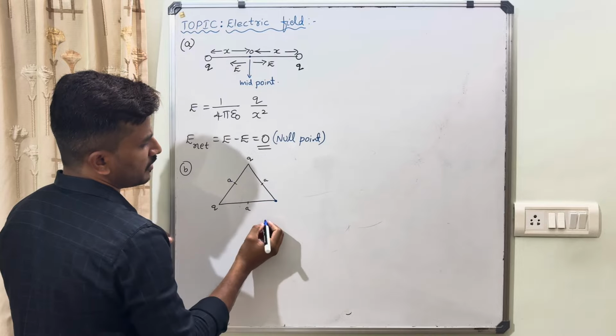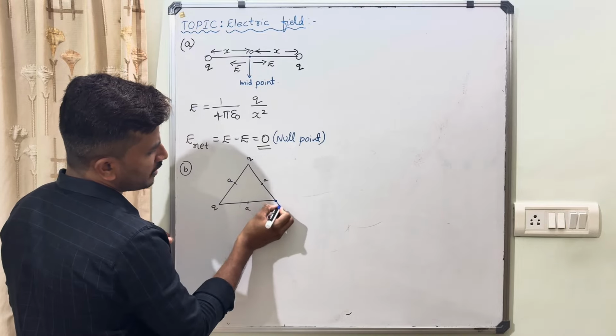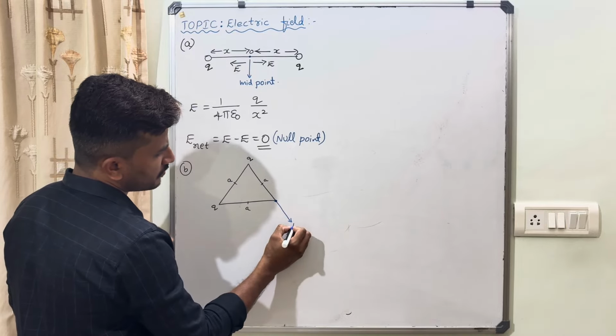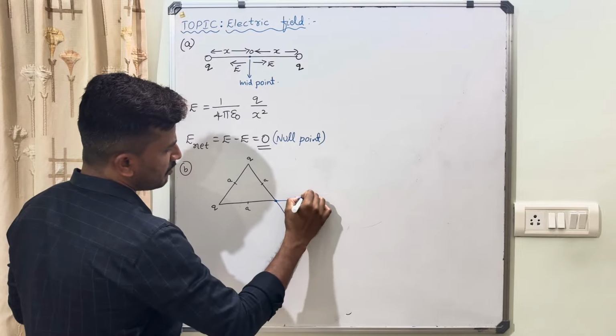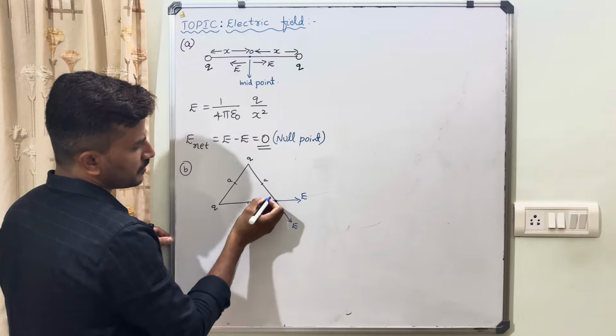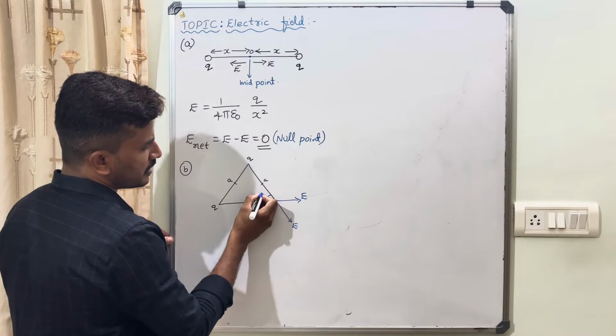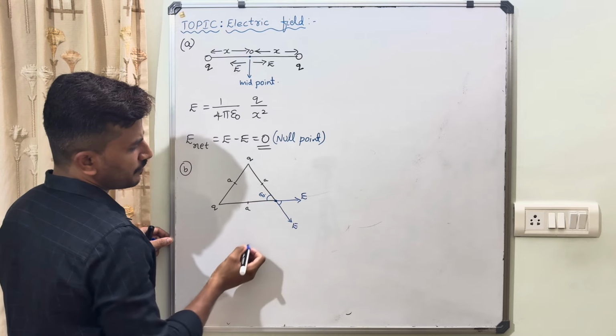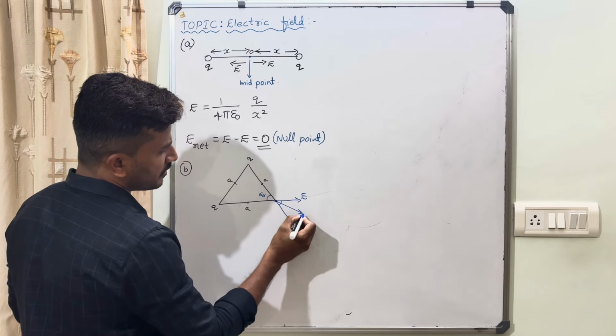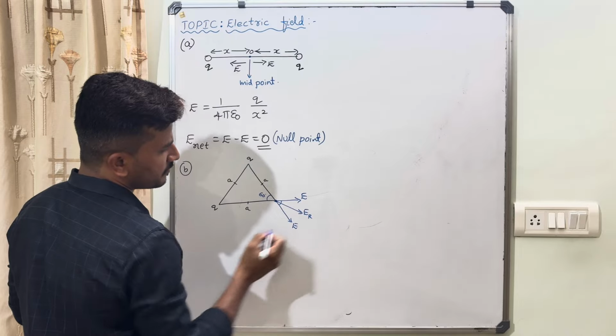Here, what is the electric field? Due to Q, the electric field is outwards. Due to the other Q, the electric field is outwards with the same magnitude. This angle is how much? 60 degrees. This is also the same angle. The resultant electric field will be in this direction.